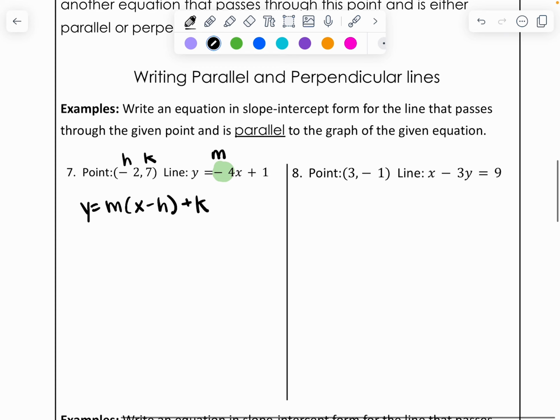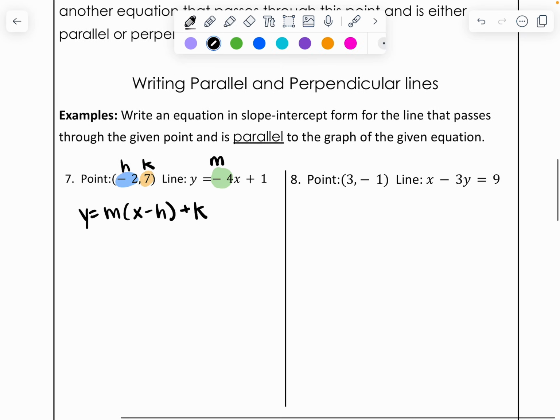So let's plug in these values. Y equals m, which is -4, times x minus -2 plus 7.